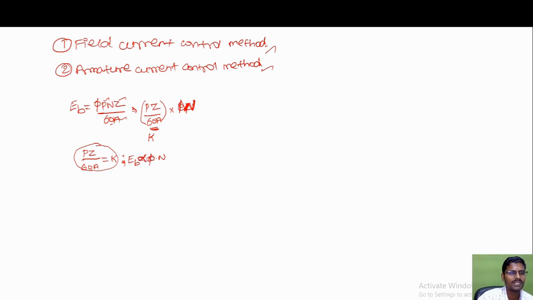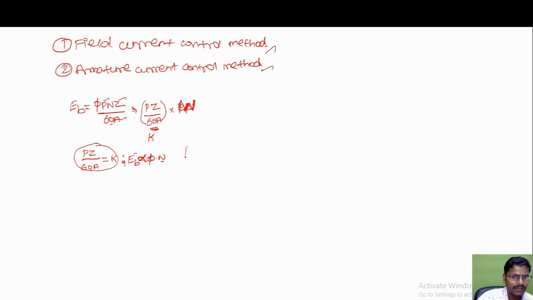Where phi is the flux and N is the speed in RPM. So we can change the speed and flux. If we change the speed and flux, then the value of back EMF also changes, because both are directly proportional, right?